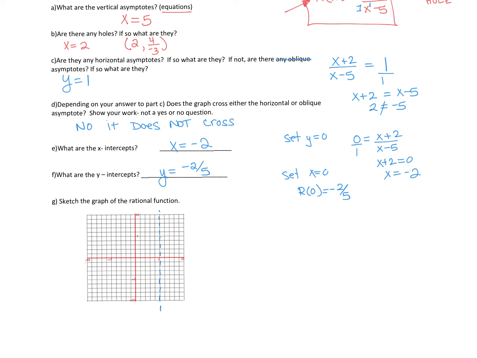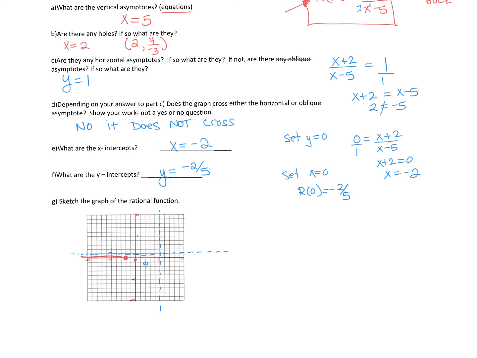And a hole at 2, negative 4/3. So kind of here. We know we have a horizontal asymptote at y equals 1. We know that this graph crosses at x equals negative 2 right here, and negative 2/5 here. So I'm going to draw this graph.